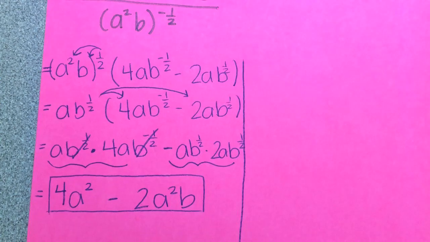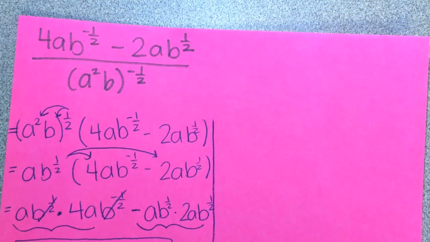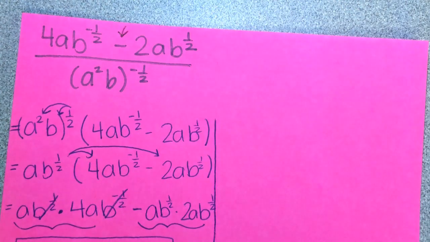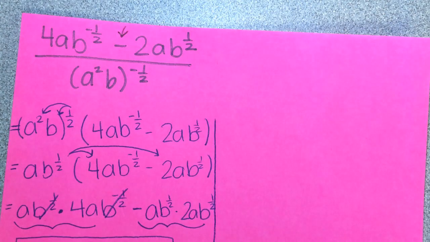Okay, I want to address another way to do this. This probably isn't your natural way, what your instinct would do, but I do want to talk about it. I taught you another way to approach it if you have a plus or minus in the numerator. What did we talk about doing? Split it.